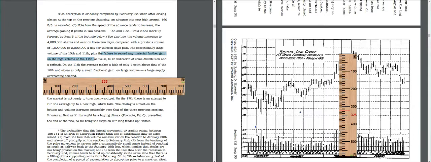Well, if you have a lot of volume and you're not making a lot of upside progress in an uptrend, it means that supply is starting to overcome demand, because the volume is too high for there to be a lack of progress in the closes. If there's high volume, then the closes should make a lot of progress. That would mean demand is still very strong. But in this case, it means supply is starting to overcome demand.